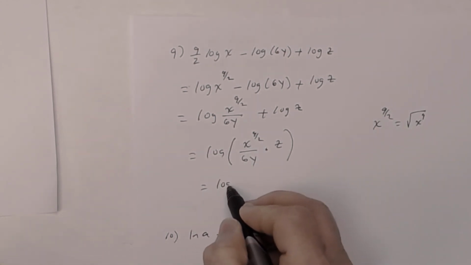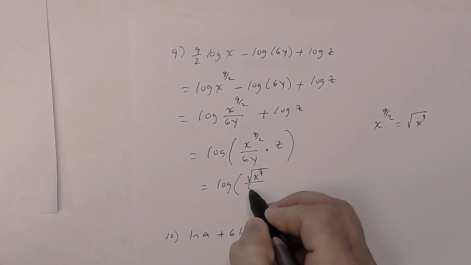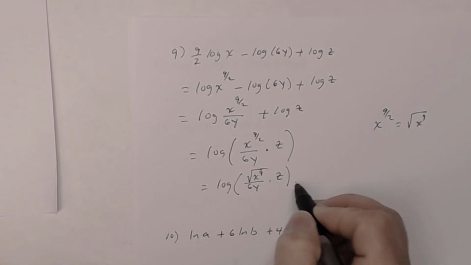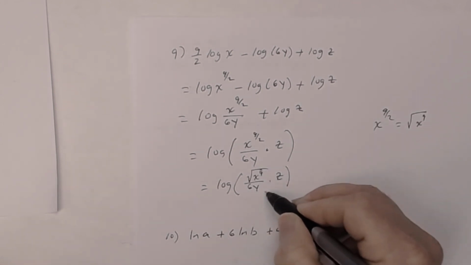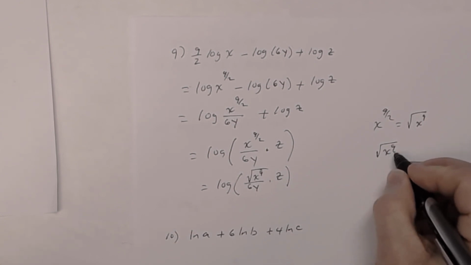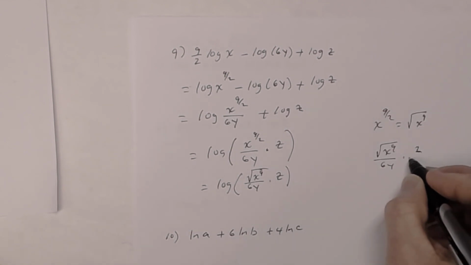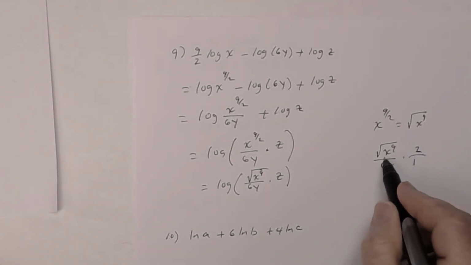So that's going to be the log of the square root of x to the 9 divided by 6y times z. Okay, now let's look at the argument right here. The square root of x to the 9th divided by 6y, and that's z divided by 1, right? So I'm going to write this as one fraction.